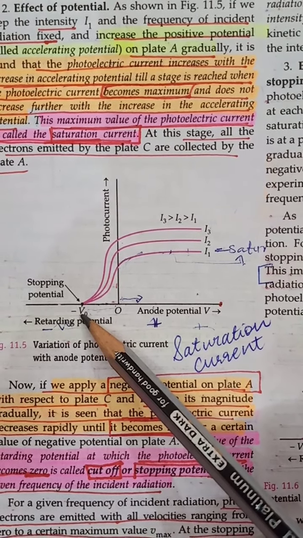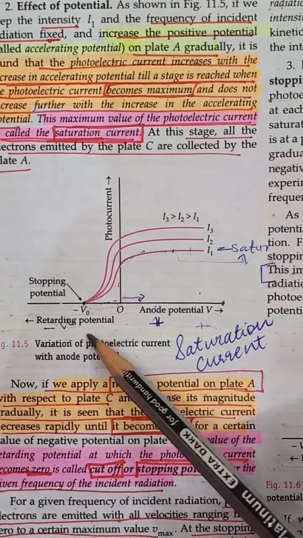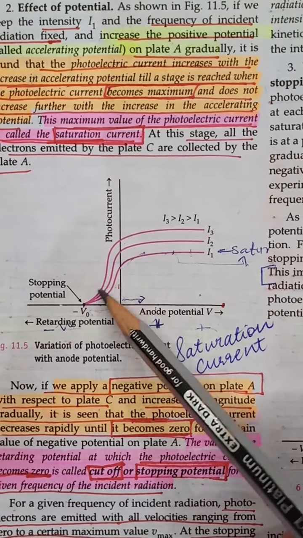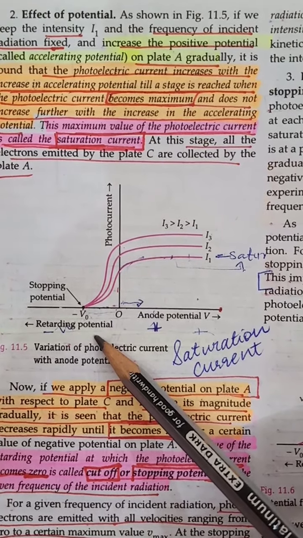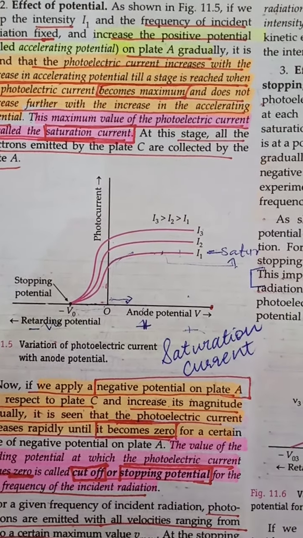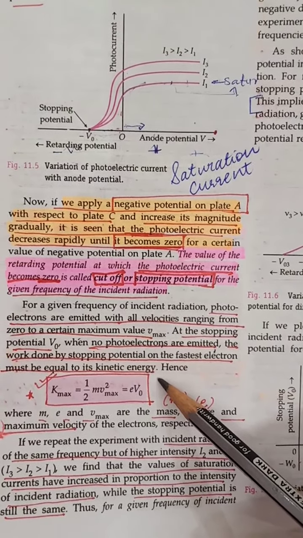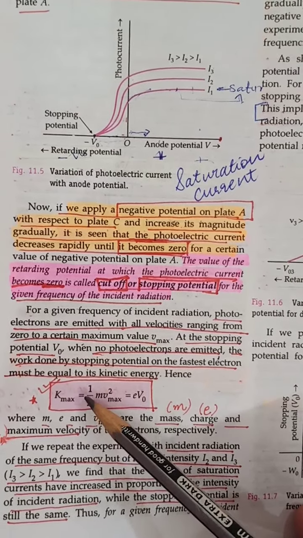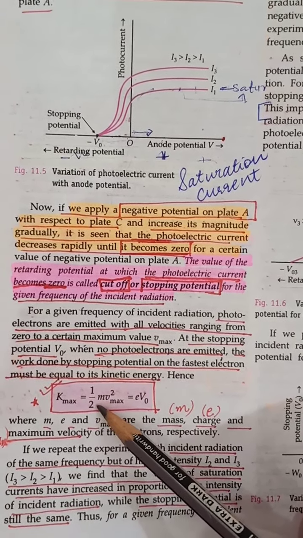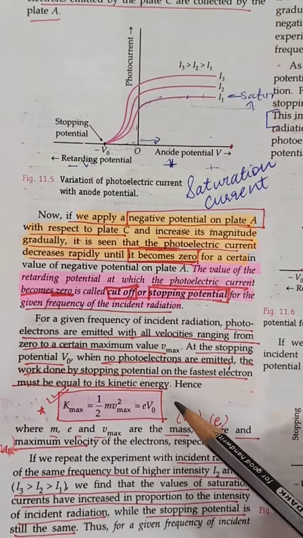Thus, for a given frequency of incident radiation, this stopping potential is independent of its intensity. So if the stopping potential is independent of the intensity, the kinetic energy of the photoelectrons is also independent of the intensity of the incident radiation.